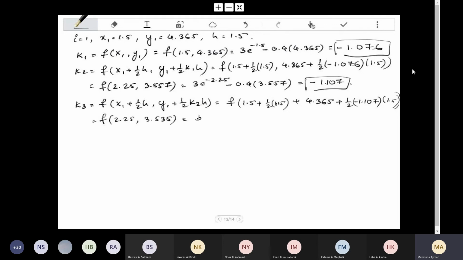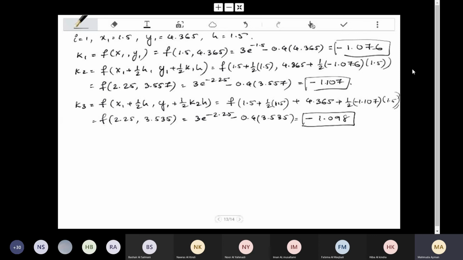So if you have here 3e to the power minus x minus 0.4 times 3.535, which is equal to minus 1.098 here.